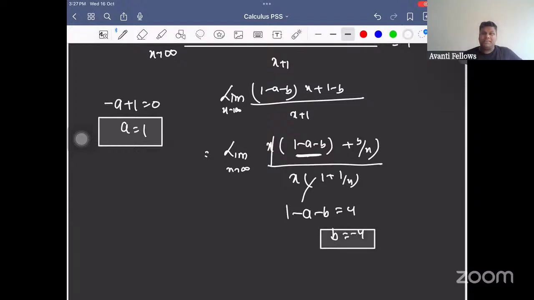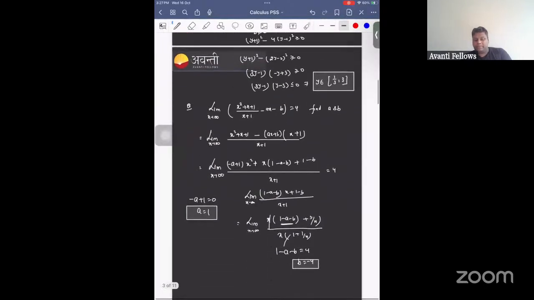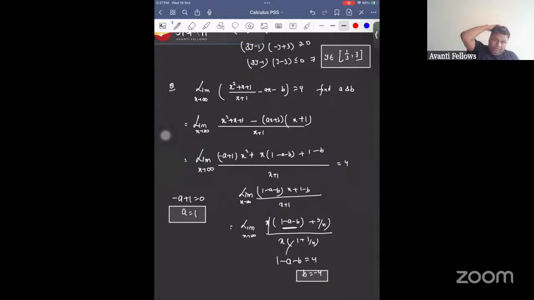So your answer is a is 1 and b is minus 4. See, have a look. Got it?